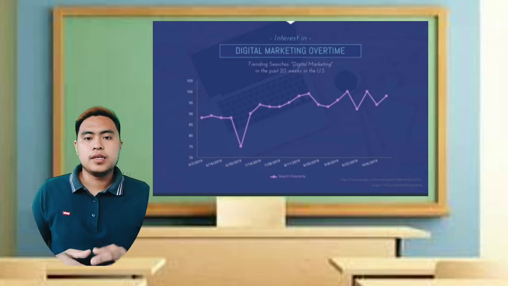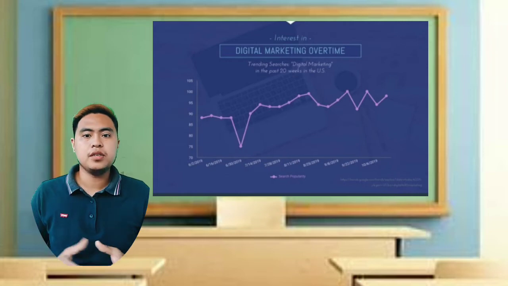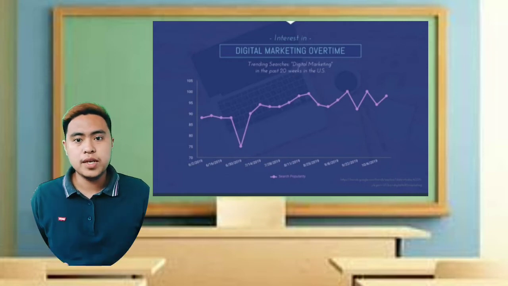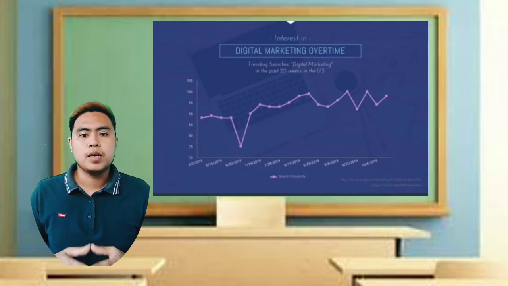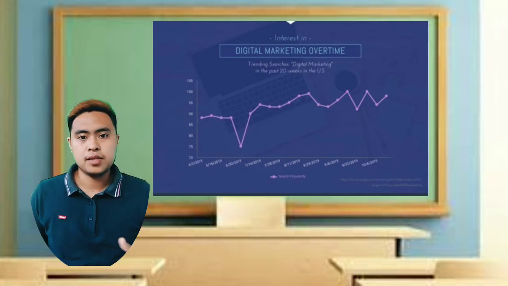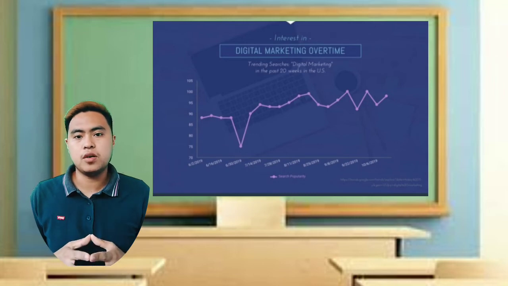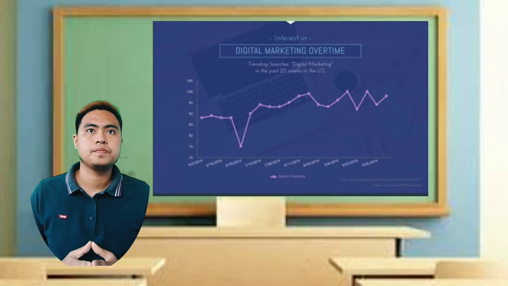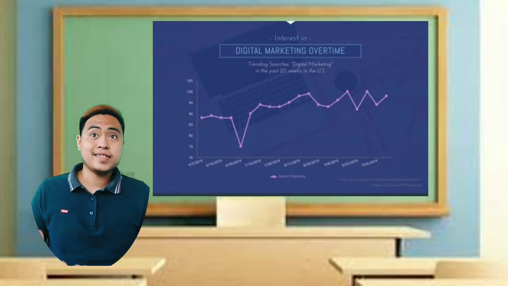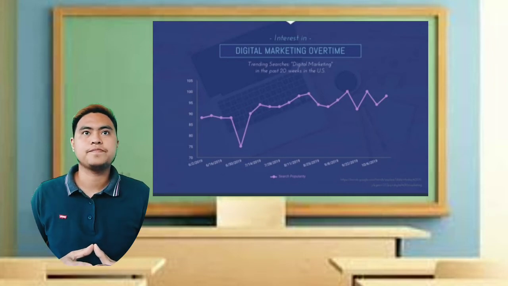For example, the interest in digital marketing over time can be visually shown with ease through the use of a line graph. Simply plot each number of searches along the timeline to view the trend. And that is line graph, class.